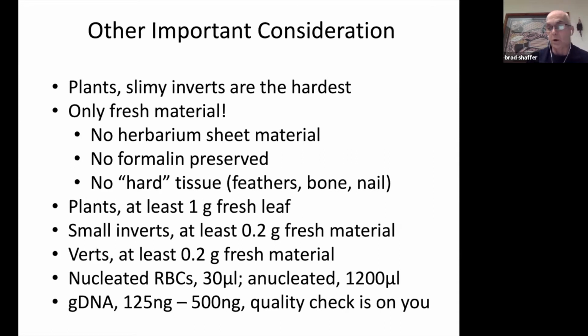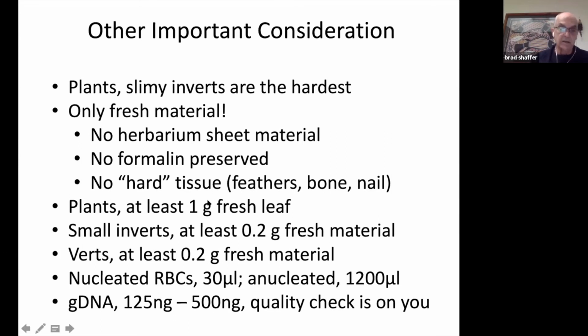Should you work with animals that have nucleated red blood cells, you don't need very much. Nucleated red blood cells are a wonderful source of DNA. So 30 microliters, roughly a drop or two, about a drop. If you work with mammals, for example, which have anucleated red blood cells, then you need something more like a ml of blood, just because there's not very much DNA in it.